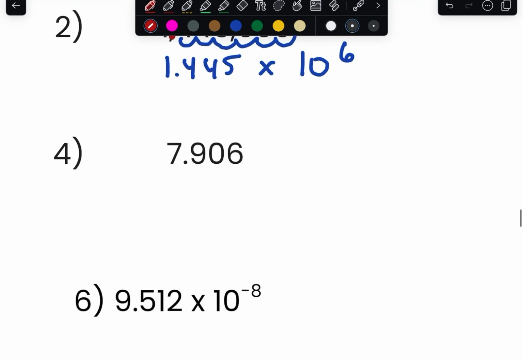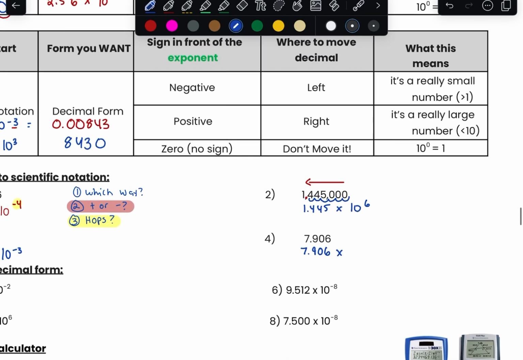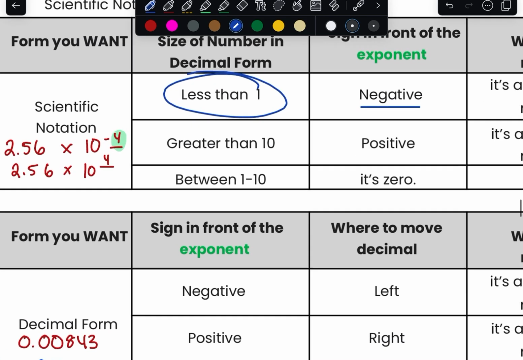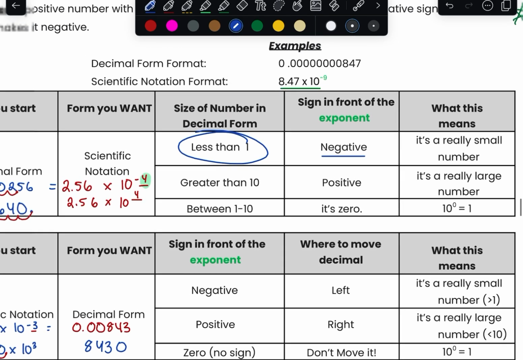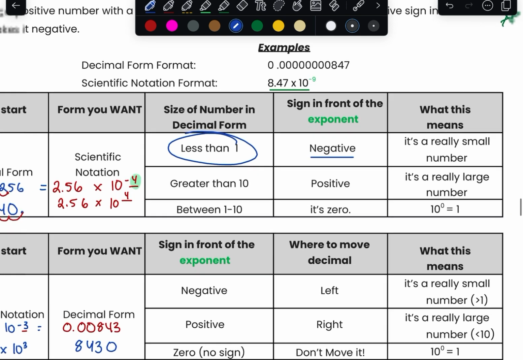7.906, you might have noticed something a little strange about this. It is already between the numbers 1 and 10, which is what we need for our first number for scientific notation. So for this, we're actually just going to write 7.906, and we want to keep this the same. If the number is already between 1 and 10, we're going to put the exponent itself to be 0.